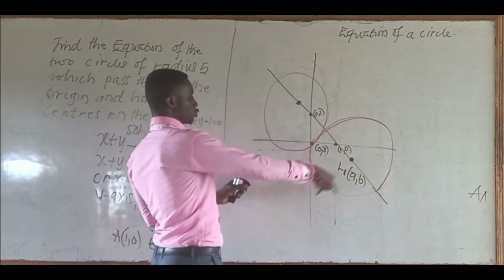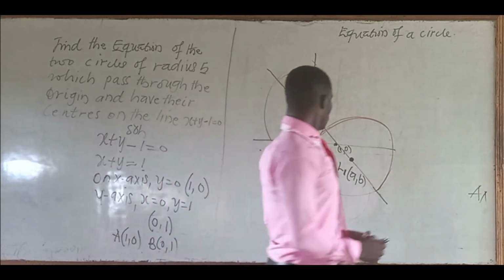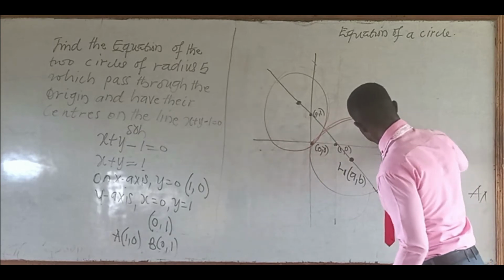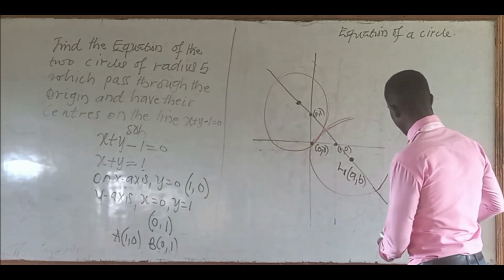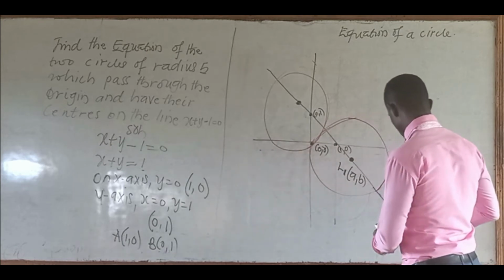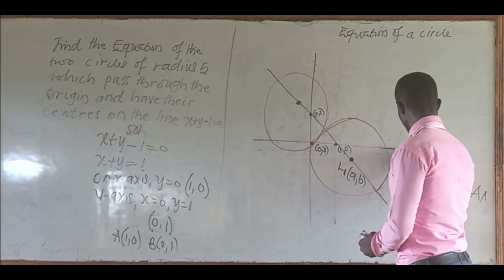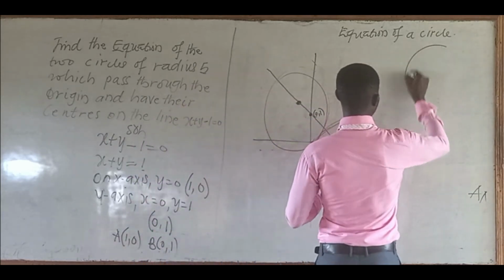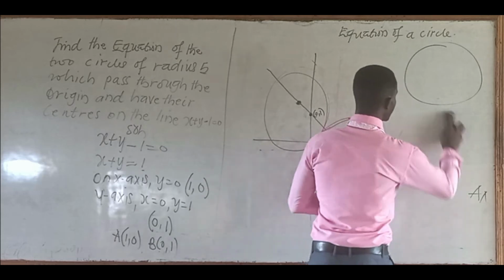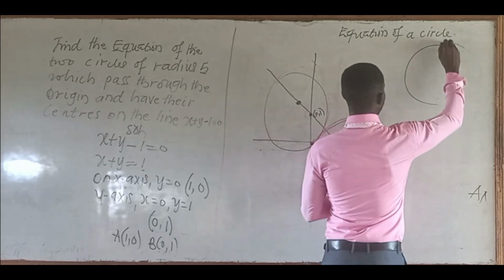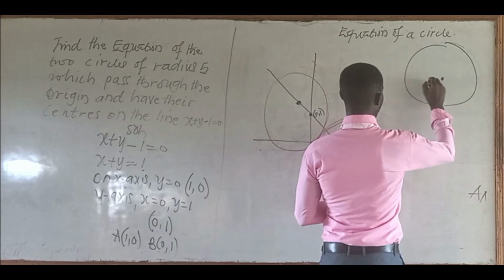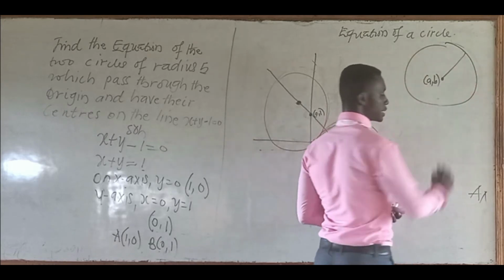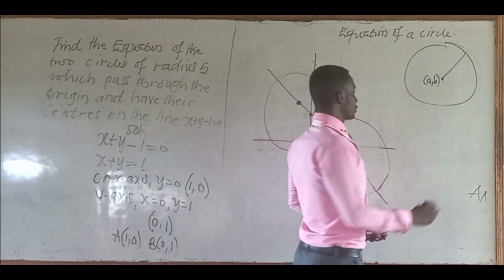Now, having drawn our circles, one thing is that if you have a circle with center A, B, the distance from the center to any point on the circle is the radius, R.